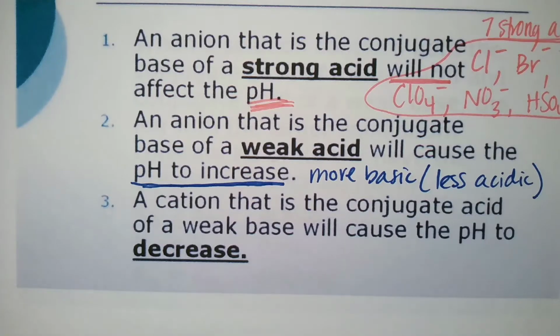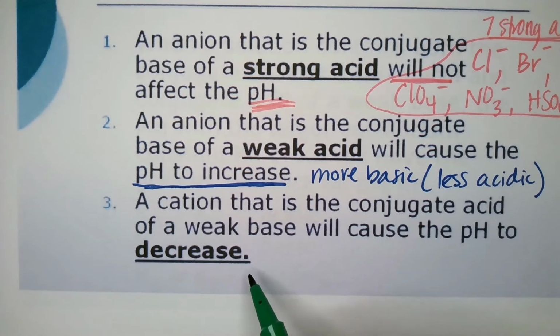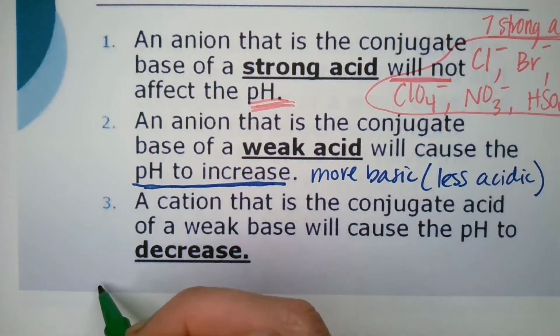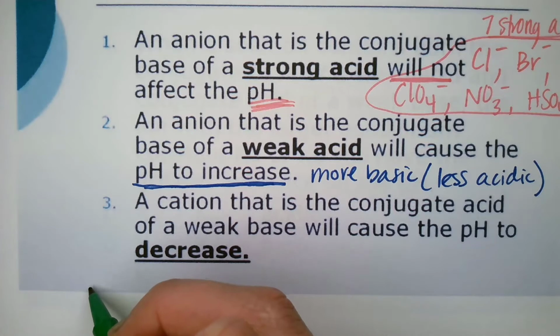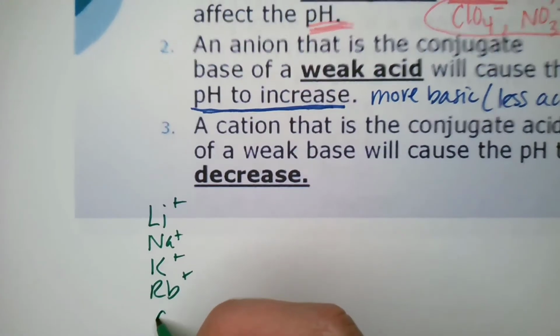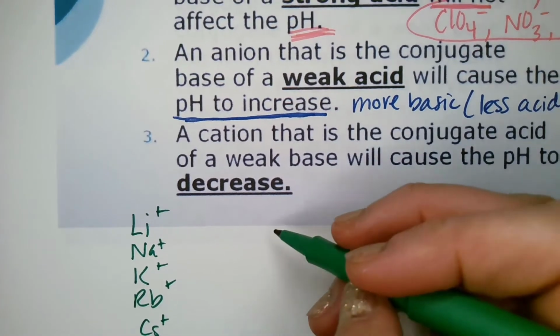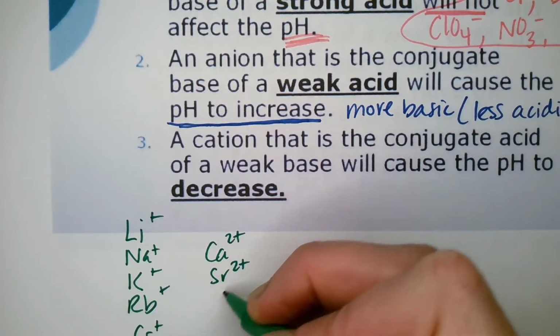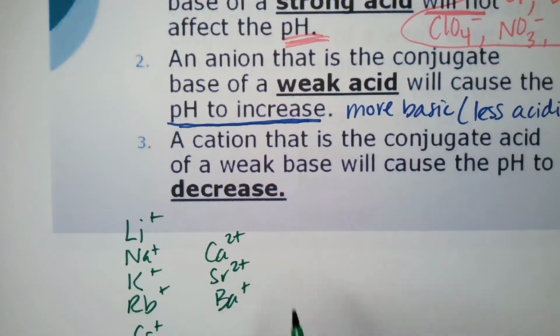And finally, a cation that is the conjugate acid of a weak base will cause the pH to decrease. If we think back just a couple slides ago, our strong bases had cations which include lithium, sodium, potassium, rubidium, cesium, calcium, strontium, barium.